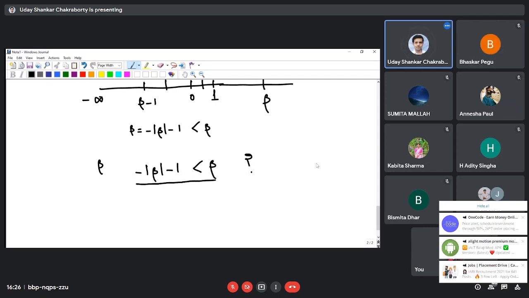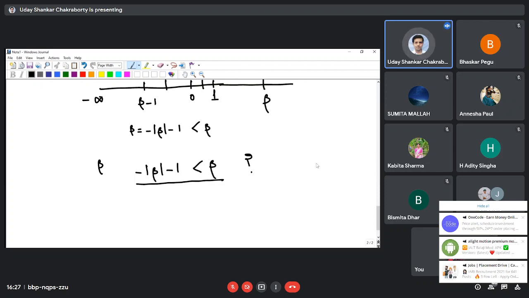Just think, if beta is positive, the problem is beta may be very large, so anything you take may not help you. If beta is say 100, then minus mod beta will be minus 100. That will be inside the set. Minus 1 is still inside the set, less than beta, no problem.